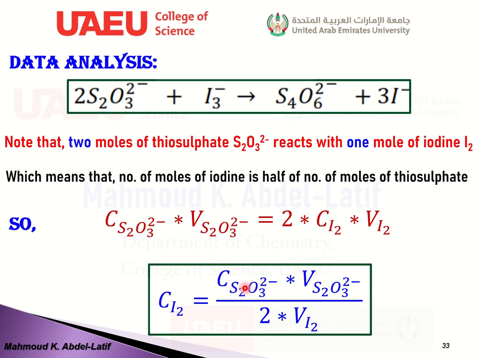So you can determine the concentration of iodine using this equation, CV divided by 2V of iodine.